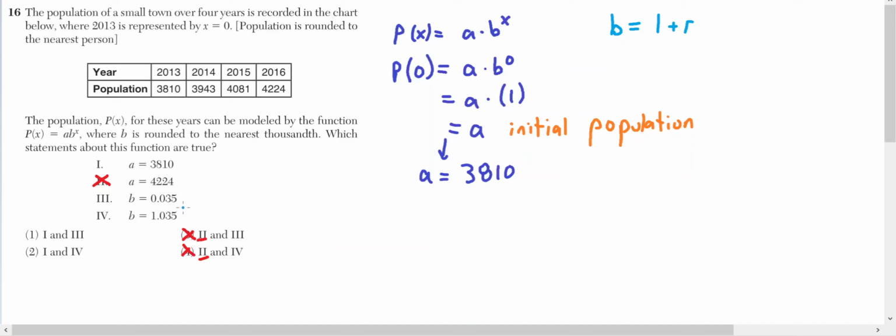If the value of b is greater than 1, that's also growth. If the value of b is less than 1, that's decay. So in here, we see, because our population is growing, it makes more sense to take statement 4 as opposed to statement 3. So altogether, if we have statement 1 and statement 4, that means for question number 16, we have answer number 2.